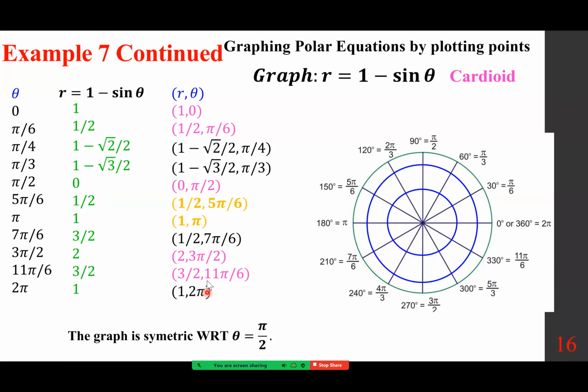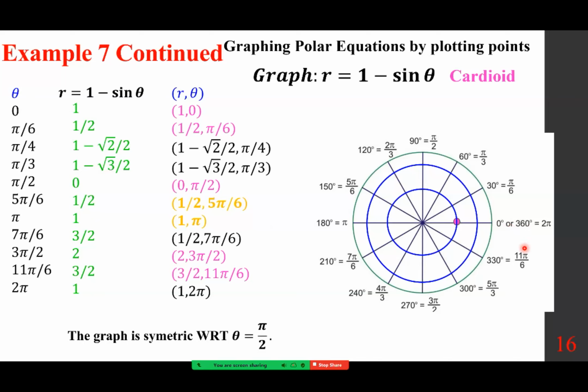Now, this may not be to scale, but assuming that each circle represents 1. So, for example, this is 1 tick mark, 2, and 3 tick marks. This is not to scale, but to give you an idea. If I want the first one, 1, 0, okay, so I go right here, because this is 0 degrees. First, you really have to come up with the angle, 0 degrees, and you go 1 tick mark.